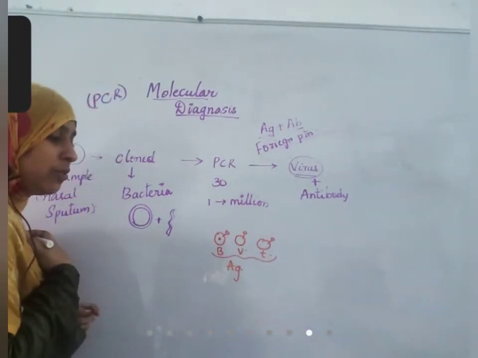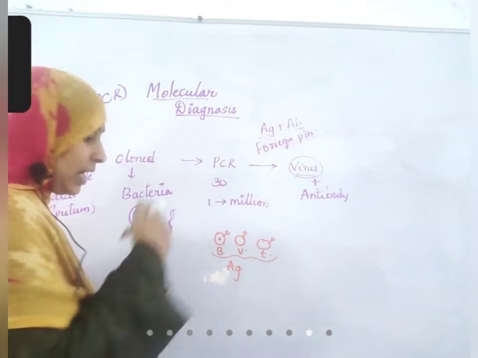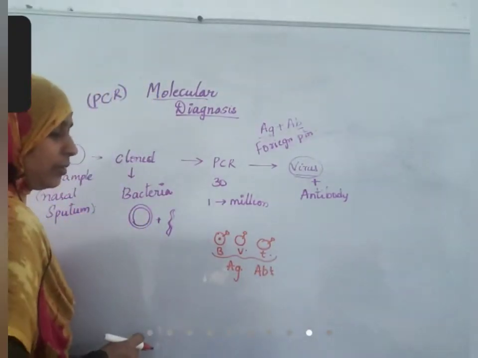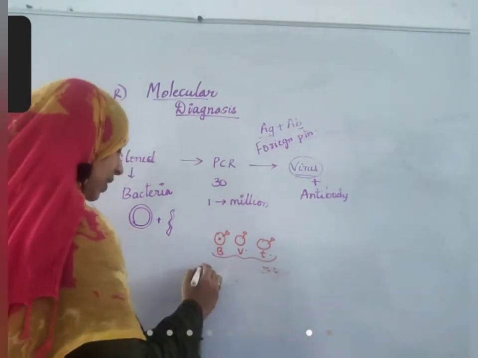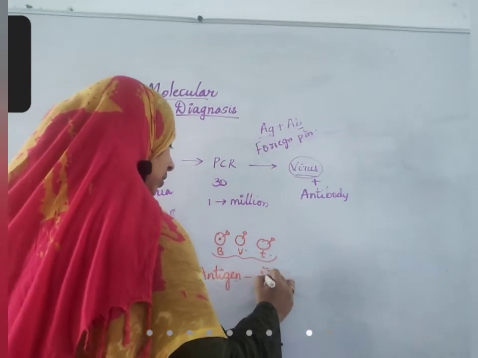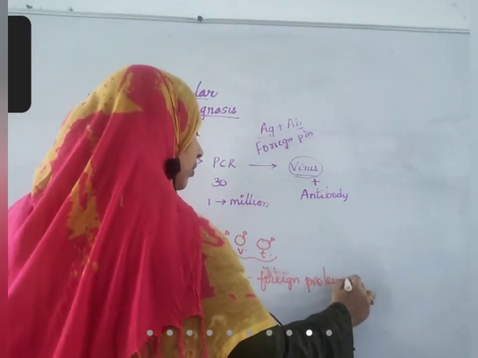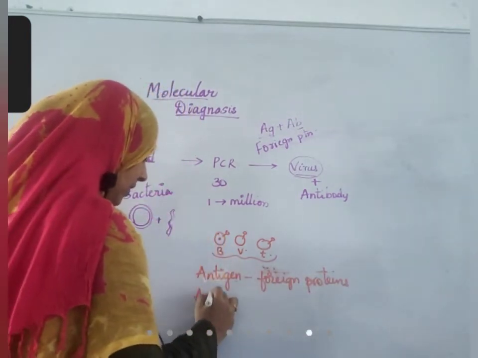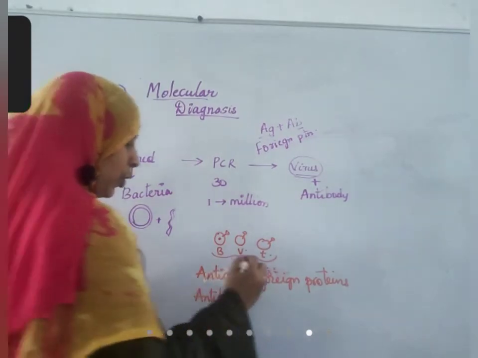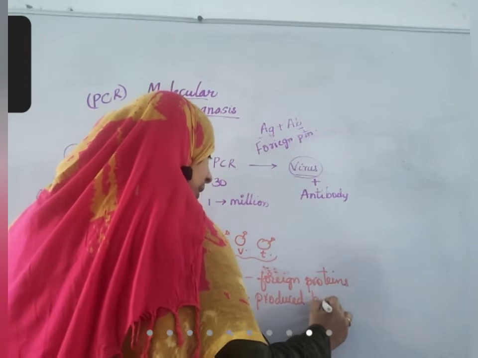What will our immune system do? Our immune system will produce some substances against that, called antibodies. So now understand, an antigen is a foreign protein and an antibody is produced by our immune system.